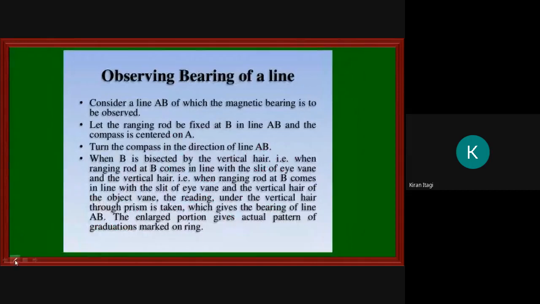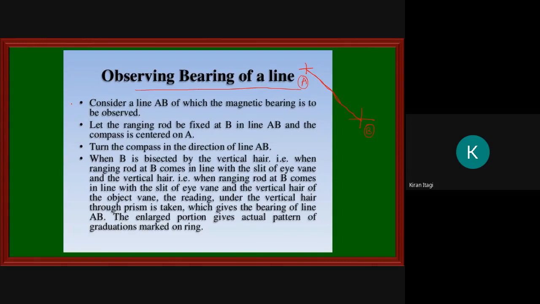Then we have observing the bearing of a line. This is my station A, this is my station B. I am observing from A to B. This line is called the bearing line.